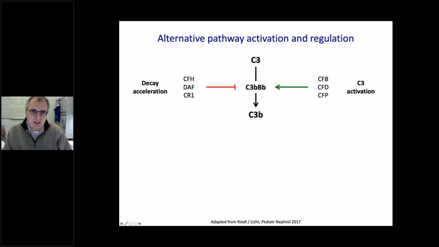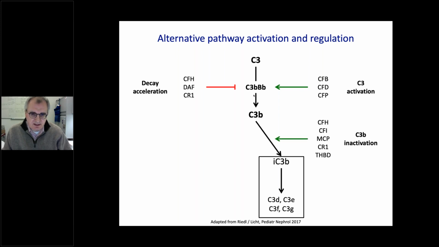C3 is amplified via the C3 convertase, and this here is the alternative pathway C3 convertase, and there is under physiological conditions a balance between activation and deactivation or inhibition rather in place to keep the system basically alert, but control it and prevent it from being overactive in situations when it's not needed.